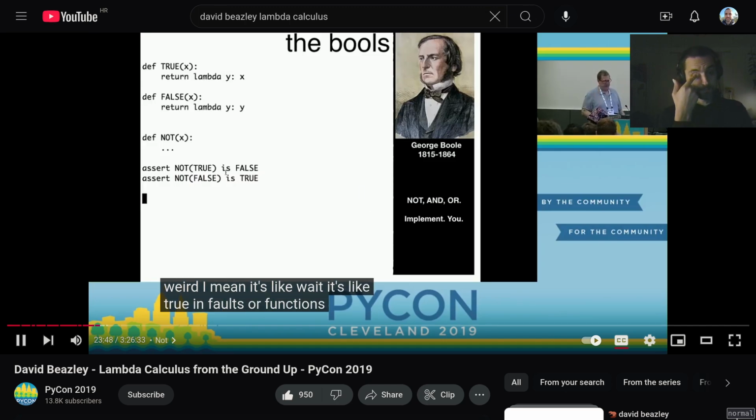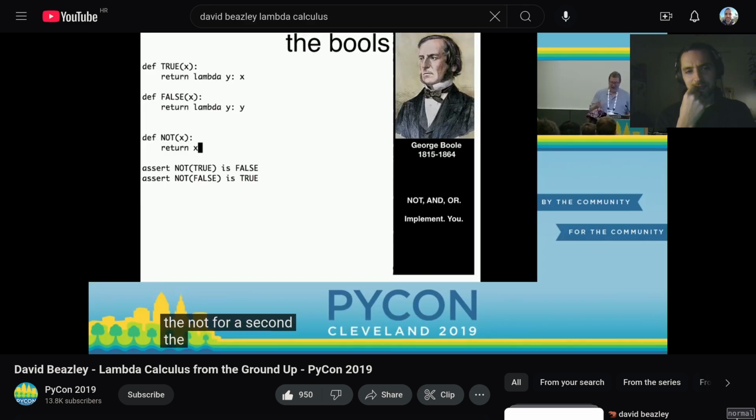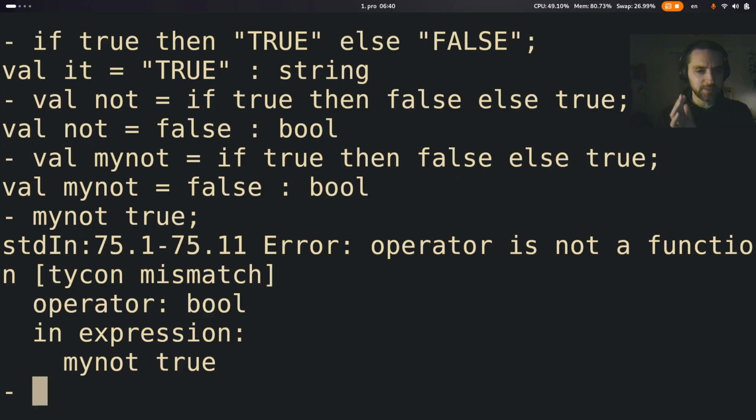It's like true and false are functions, and what does it mean? So let's think about the not for a second. The only thing that exists in this universe is function. The only thing that exists is a function, right? So let's try this. Come on, val not, my not.